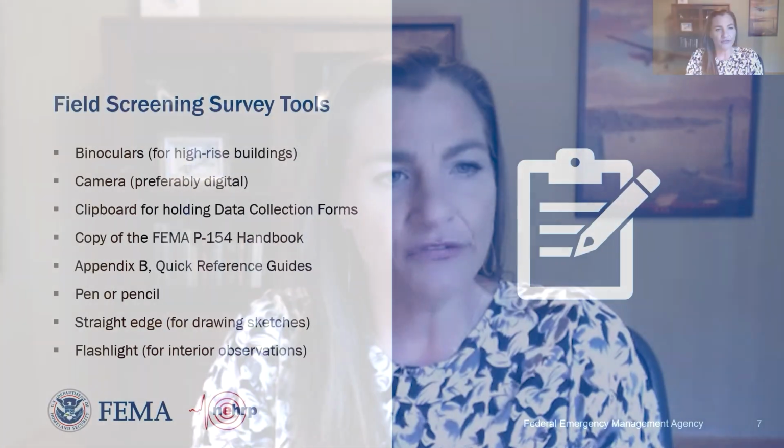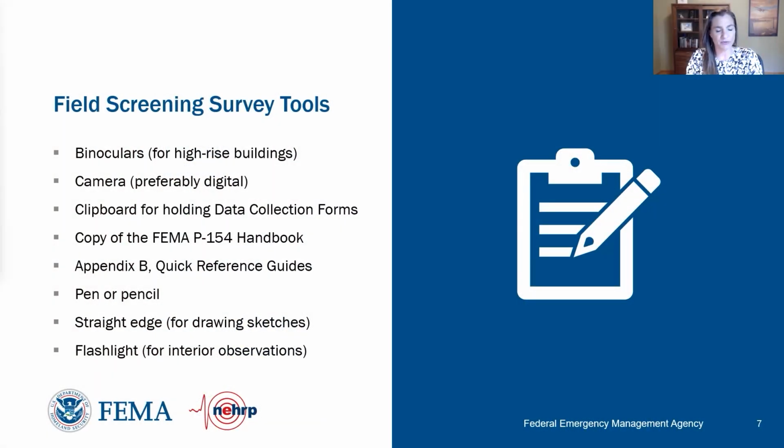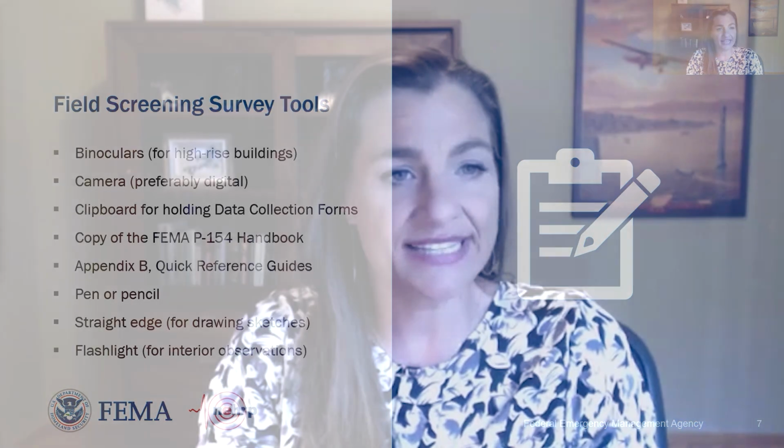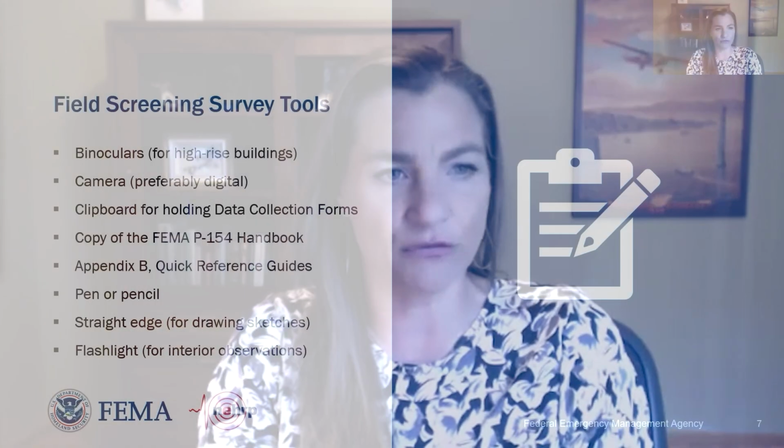A clipboard for holding the data collection form and being able to fill it out in the field as we're walking around. It's really good to have a copy of the FEMA P-154 handbook with you. In particular, Appendix B of the handbook has quick reference guides that provide a lot of information as you're performing the screening and you're not sure which box to check. Having access to those forms is really helpful.